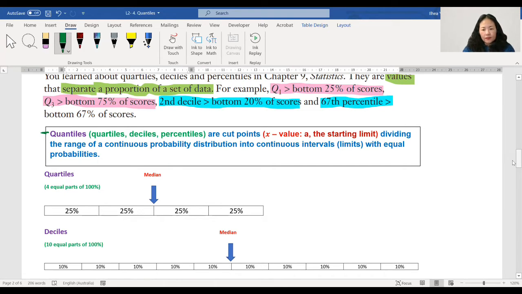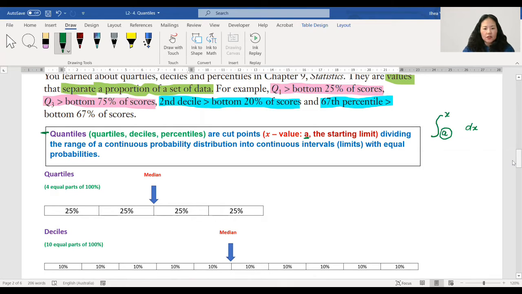Here, the x value we're going to use as a, because remember it goes from a to x, but this a is also an x value, isn't it? Everything has to be in x terms, but we say a as a starting limit.